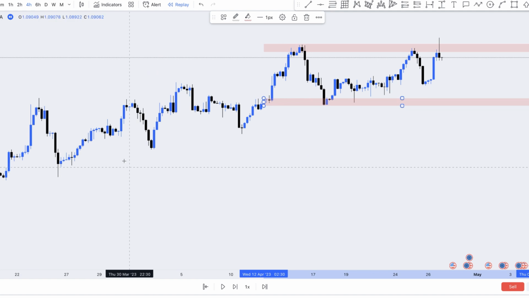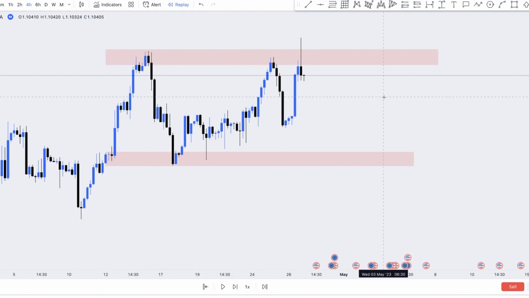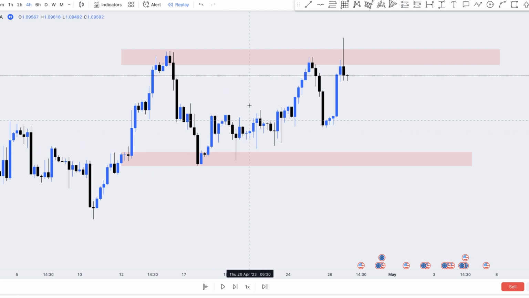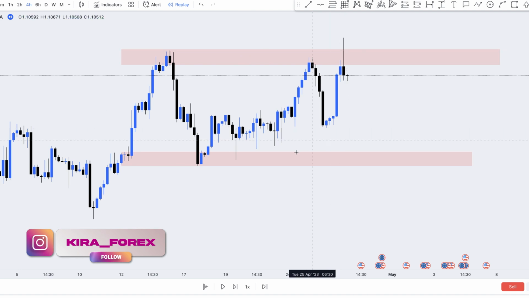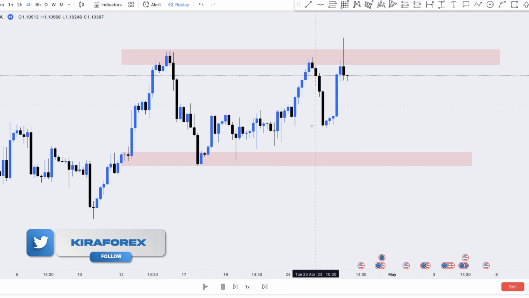Not here, not here, not here, because sometimes when you draw it here, you would have to wait for a very long time. So when you draw your support or resistance at the recent key level, it gives you the idea of what the market intends doing. So this is our current key level, this is also our current key level, which is our resistance level, and our support level.